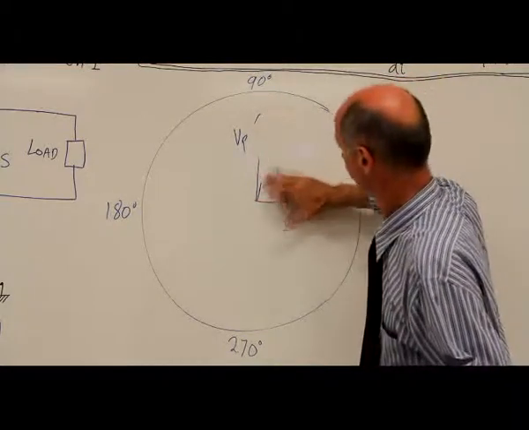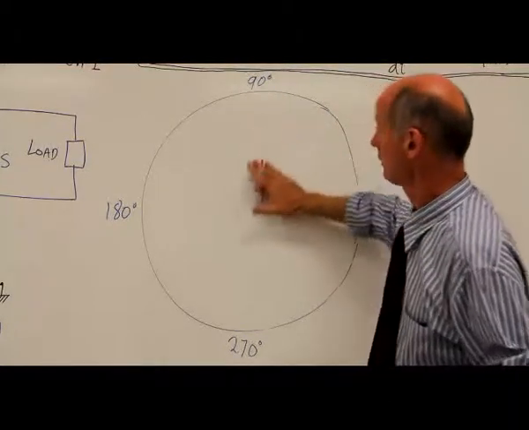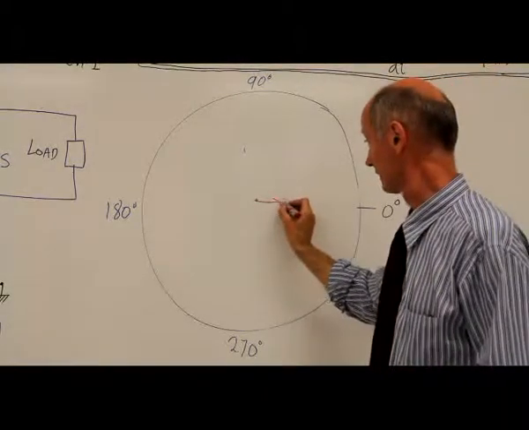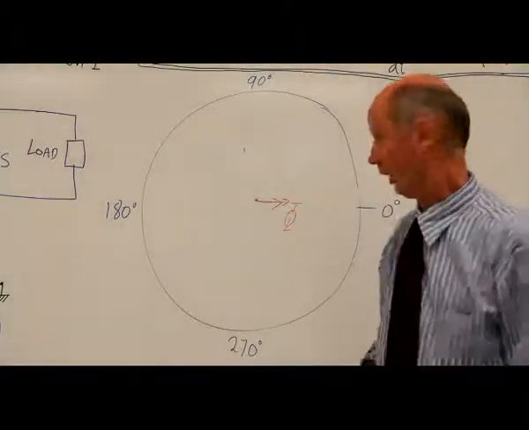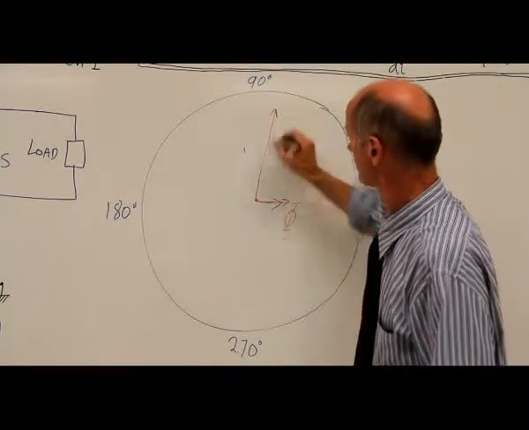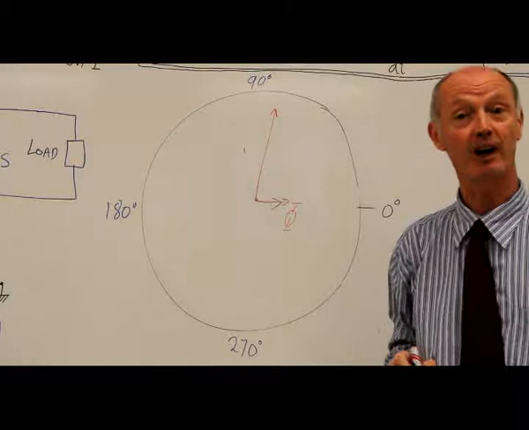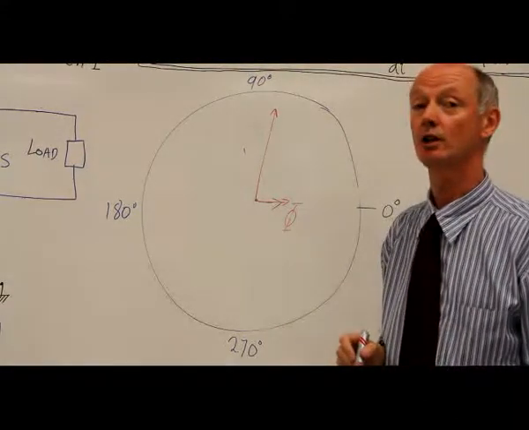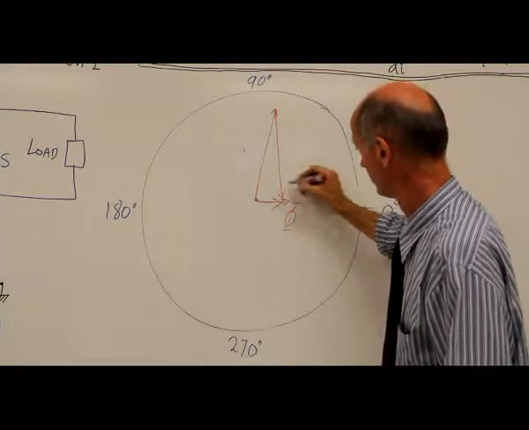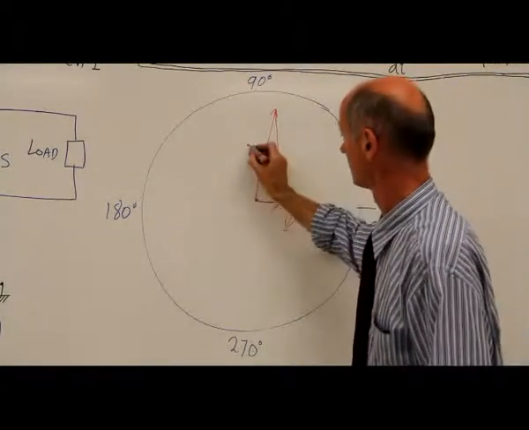Let's have a look at the phase diagrams of the two components of phi which make up this overall resultant phi. We have a phi produced by the primary, and we have a phi which is almost equal and opposite produced by the secondary, so that we get this resultant.